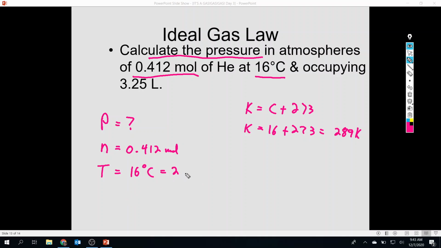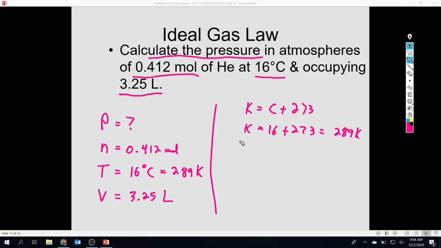All right, so the temperature is 289 Kelvin, and occupying this much space. And so the amount of space that something occupies is volume, so that's 3.25 liters. All right, all of these are in standard units, moles, Kelvin, now that I've changed it, and liters. If they weren't, I would just need to make that change.